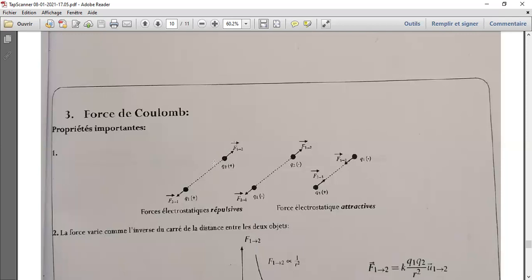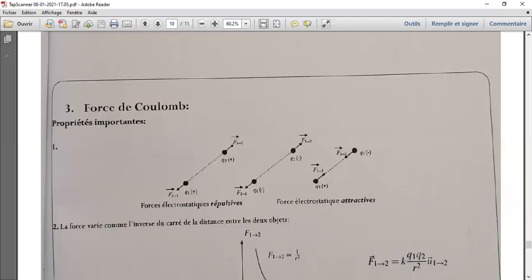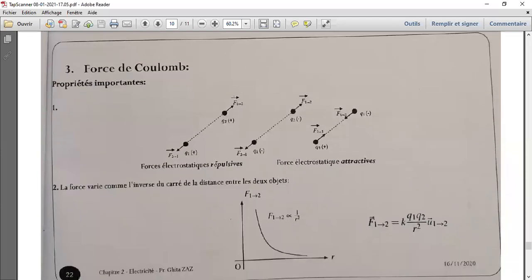If it's the same signs, you have to know that the forces are always going outside. But if it's of different signs, you have to know that the forces are coming inside. So that's what you have to know. And if you know that one, you won't have any difficulties when it comes to the calculations.